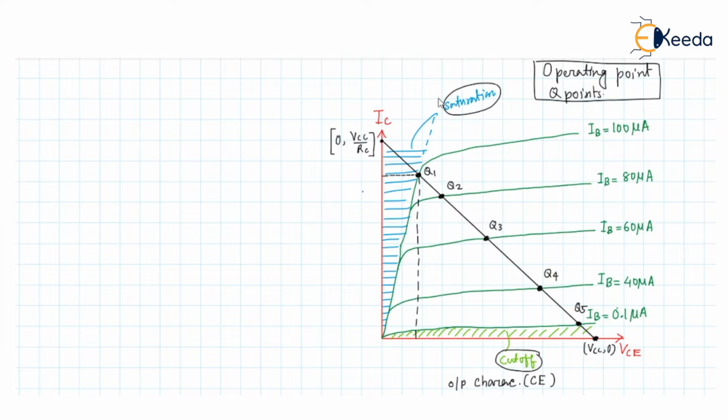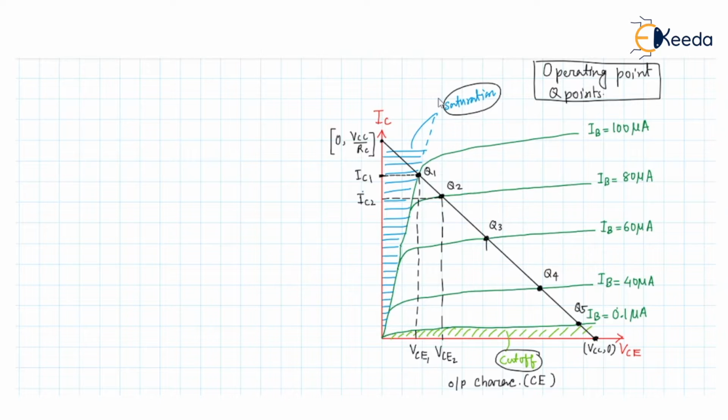Let us assume for Q1 we will have a VCE1 value, and here we will get an IC1 value. Similarly, for Q2, we will get an IC2 value, and the VCE value will be VCE2.